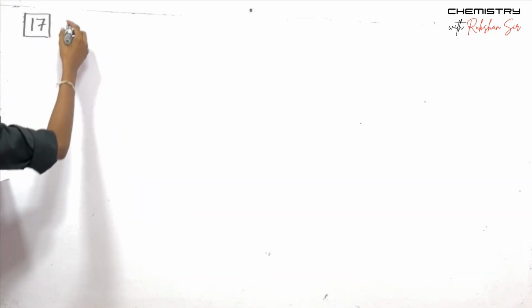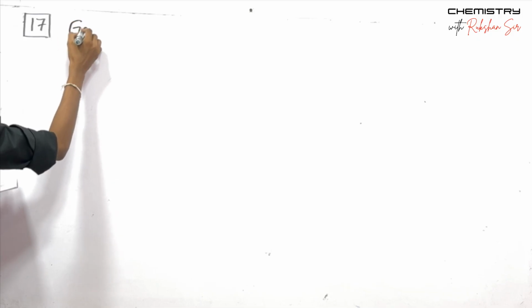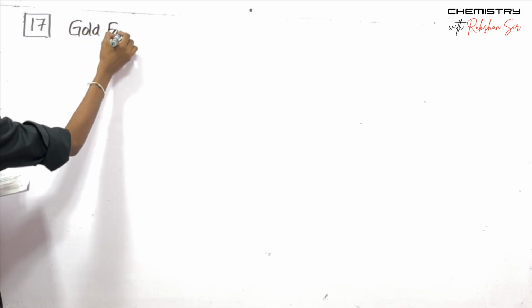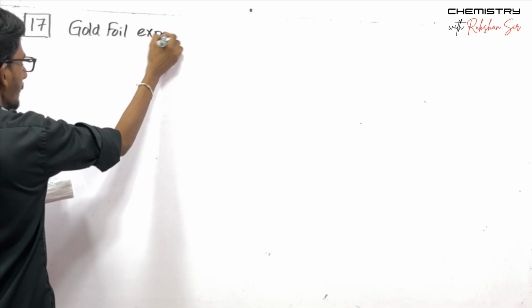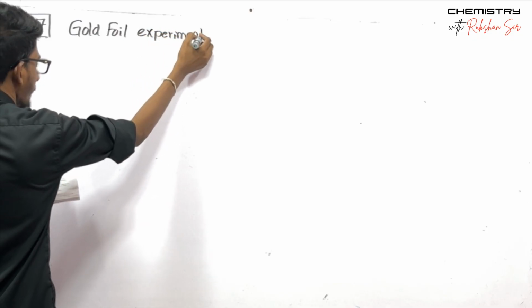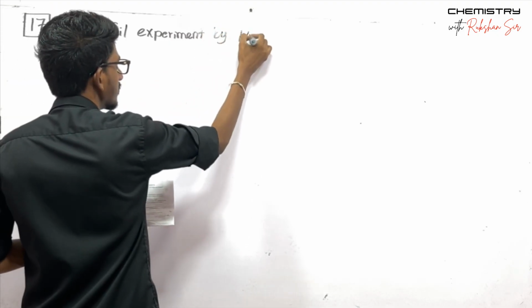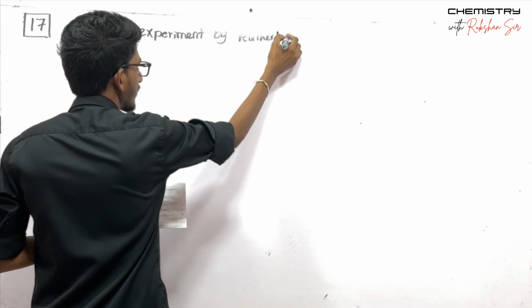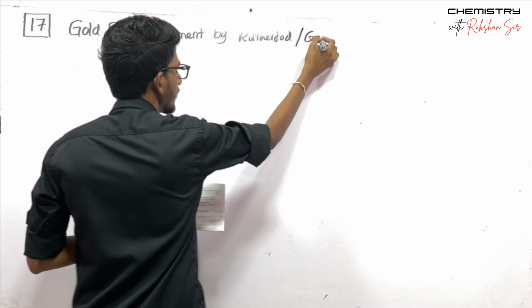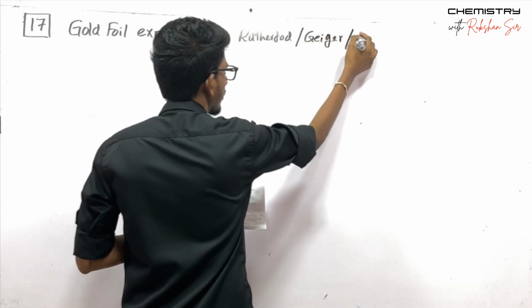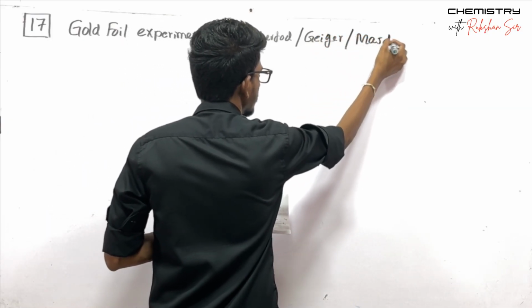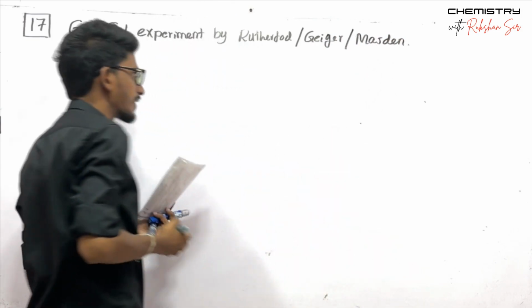This is about the Geiger-Marsden experiment by Rutherford, Geiger and Marsden, also known as the alpha scattering experiment.